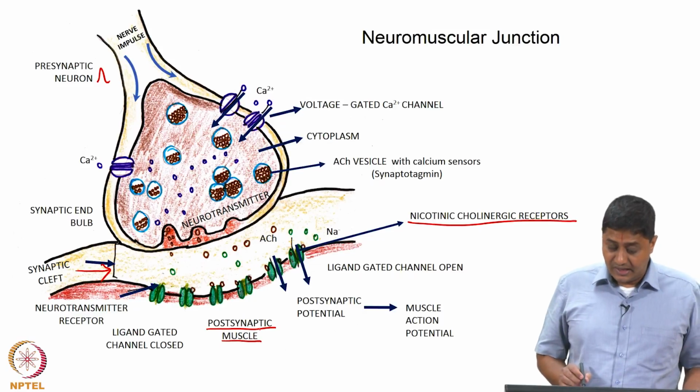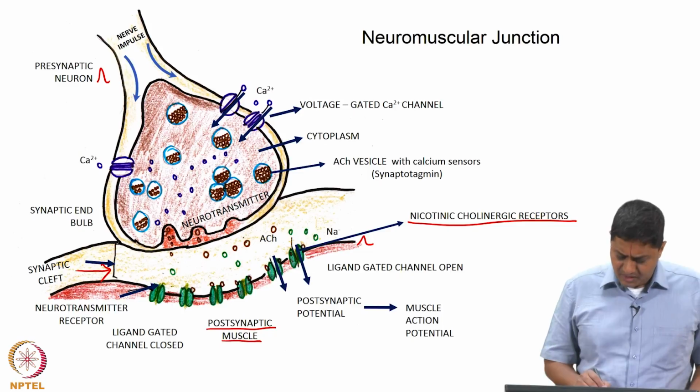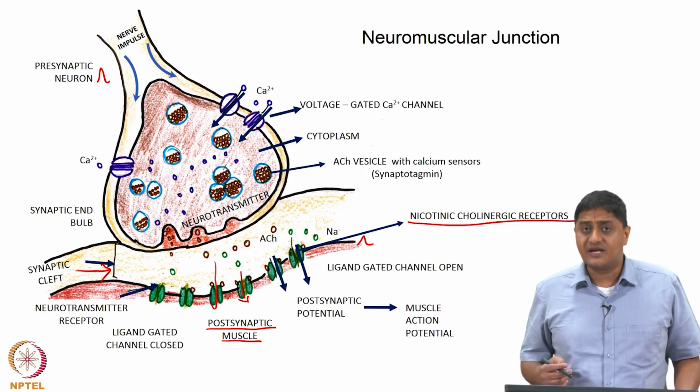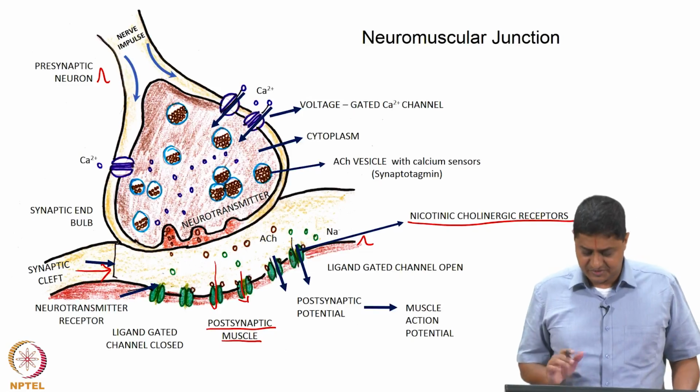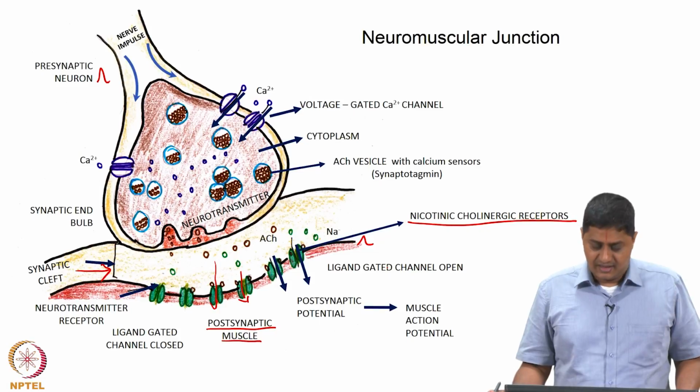An action potential is produced on the muscle side because of the large amount of sodium entering, which is itself caused by acetylcholine binding to the nicotinic cholinergic receptors. So, an action potential is caused on the muscle cell.